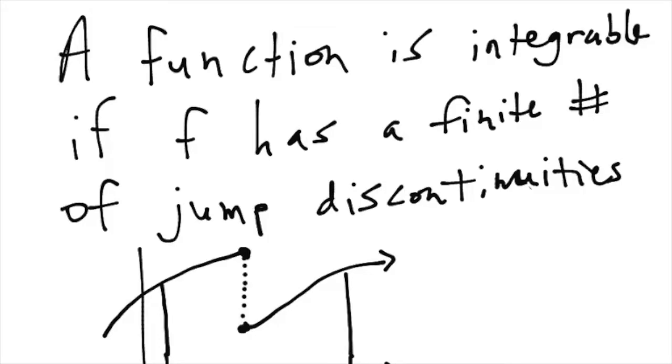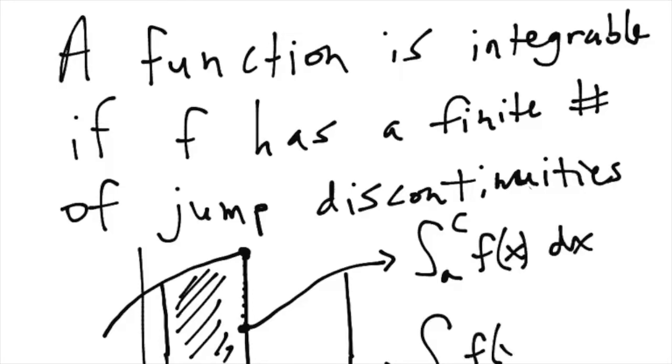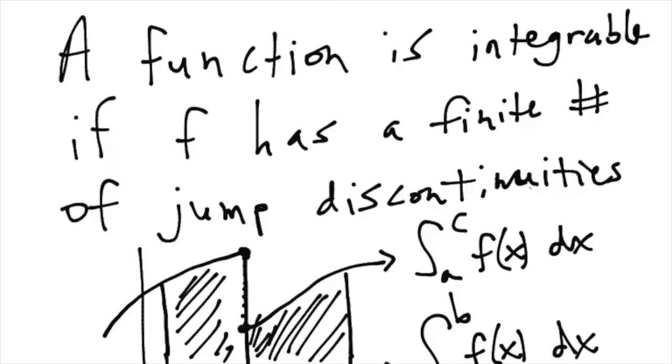But if you think about splitting this up, where you have another value right here, we'll call that C, you could find the integral from A to C, which would be finding the area under that graph. And you could find the integral of f of x dx from C to B as well, and you could find the area of that shaded region also.